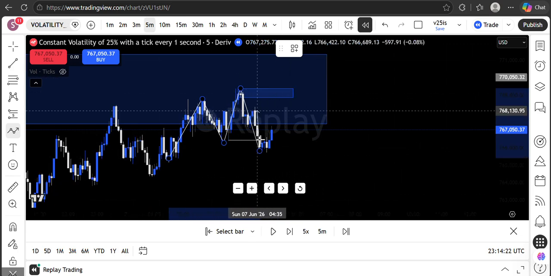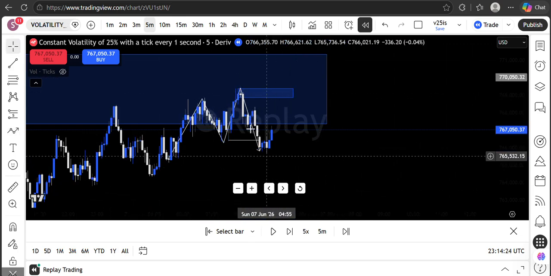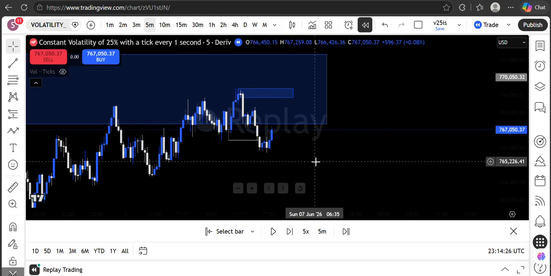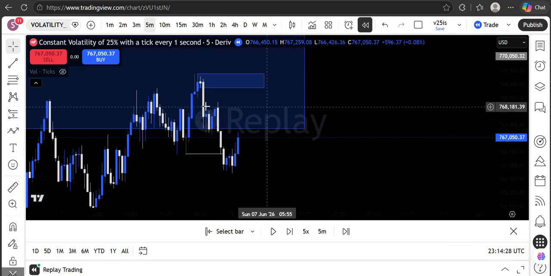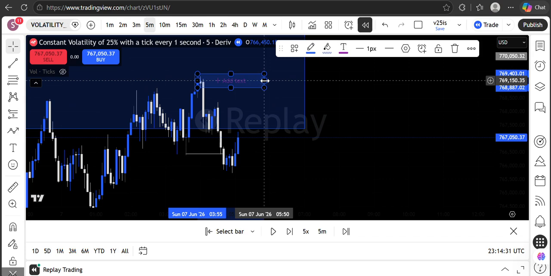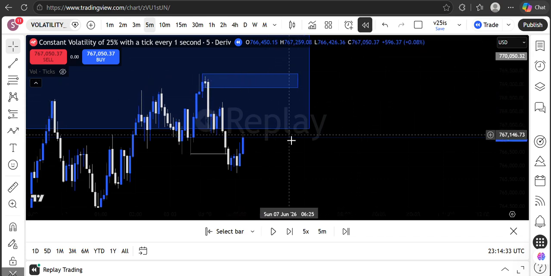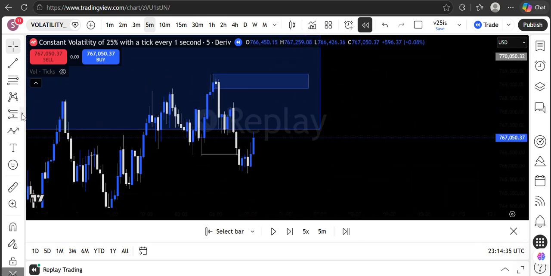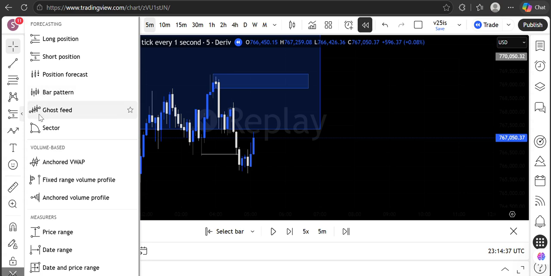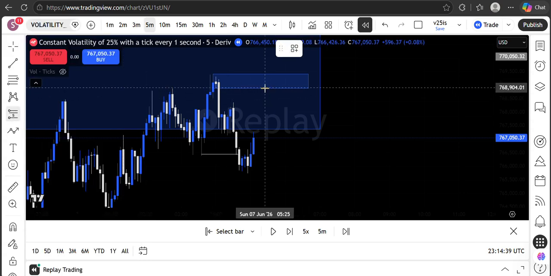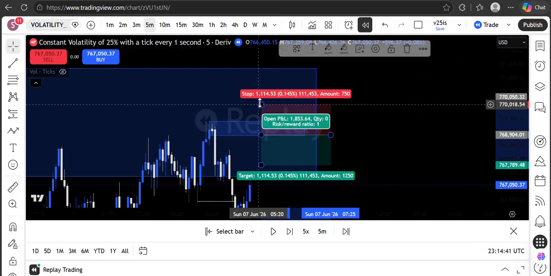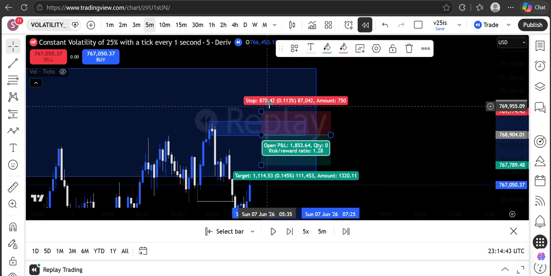So we have this break of structure here. The moment we saw this, we can use a limit order, your sell limit order. So here it is, and then of course our stop loss above this high.